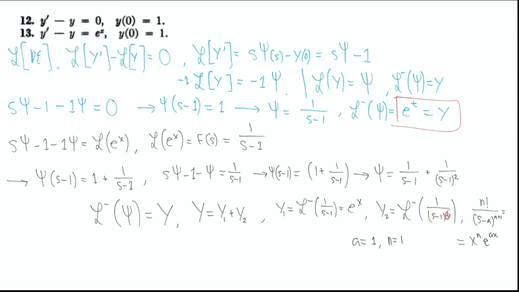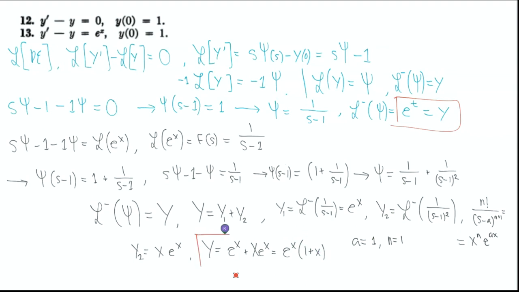Because there's a 2 here, but it's n plus 1. So n has to equal 1. So then we know that y2 is going to be something like this, but we just got to fill in the gaps here. So x to the 1 power, because n is 1 for us, and e to the x. Okay, so then y is equal to this plus this. So e to the x plus x e to the x. If you want to be fancy, you can write it like e to the x times (1 plus x). There we go. So that's your answer.